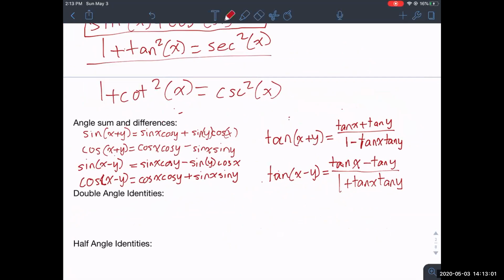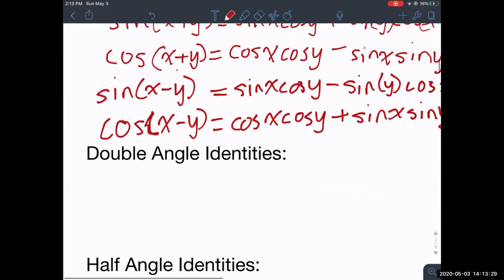These two can actually be derived from these, and it might be good practice if you want to try deriving them based off of these and the fact that tangent is equal to sine over cosine. But I've got a lot to cover today, so I won't stop to do that. We'll go to double angle identities.